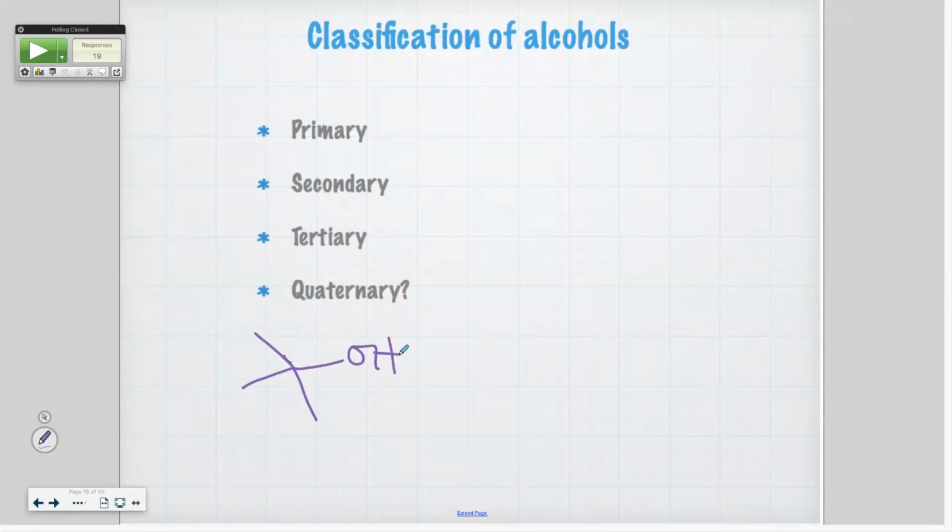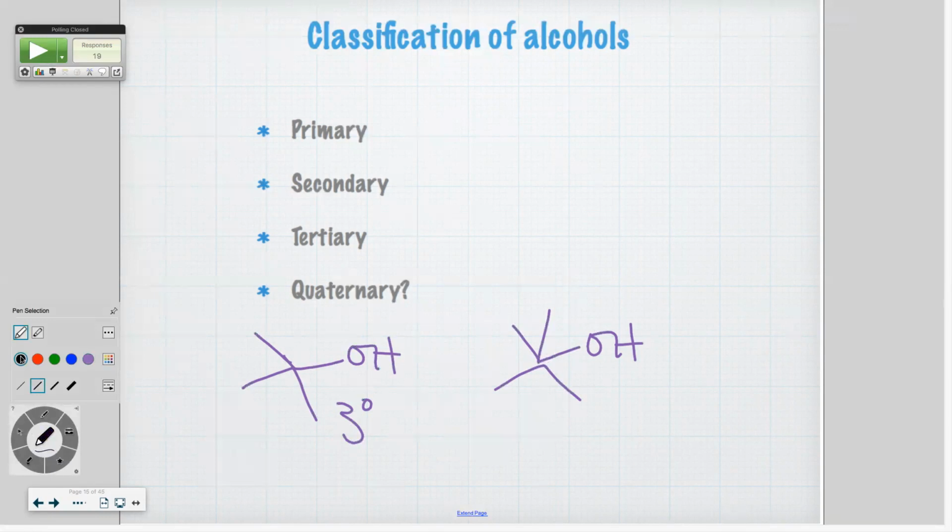What kind of alcohol is that? Tertiary. Okay. So could we do this? What's wrong with that? The carbon has how many bonds? 5.